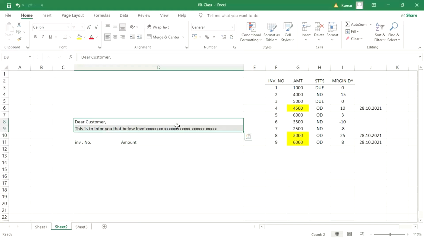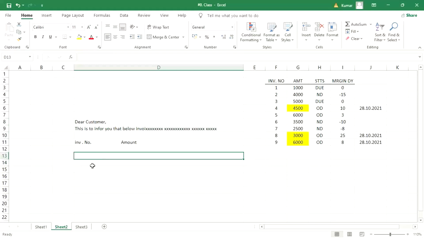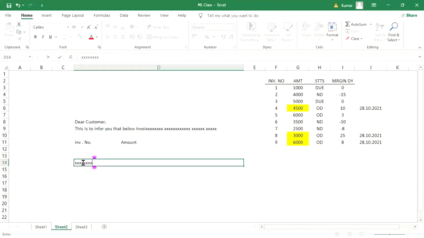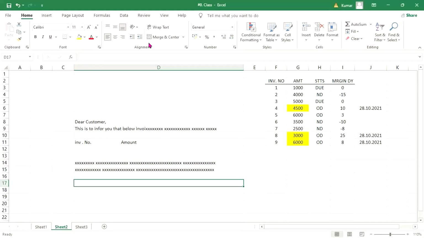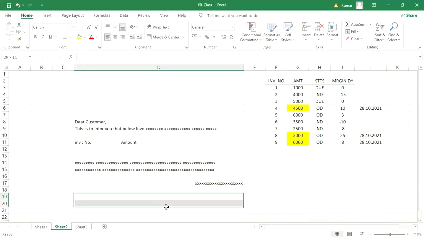These are the fixed contents. And apart from this, after this, these all are the fixed contents. Here will be yours sincerely, a digital signature will be there, and then here certain.